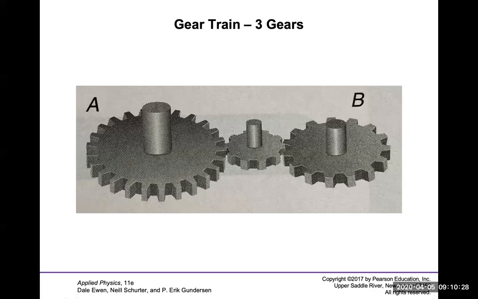Can you see that because A goes counterclockwise, the teeth where A is meshing with M are going to cause M's teeth to go upwards in the picture, and that will give it a clockwise rotation. And when M meshes into B, the teeth are going down, and they're going to push B's teeth down, and B will go counterclockwise. So A and B will both be going counterclockwise, and M in the middle will be going clockwise.